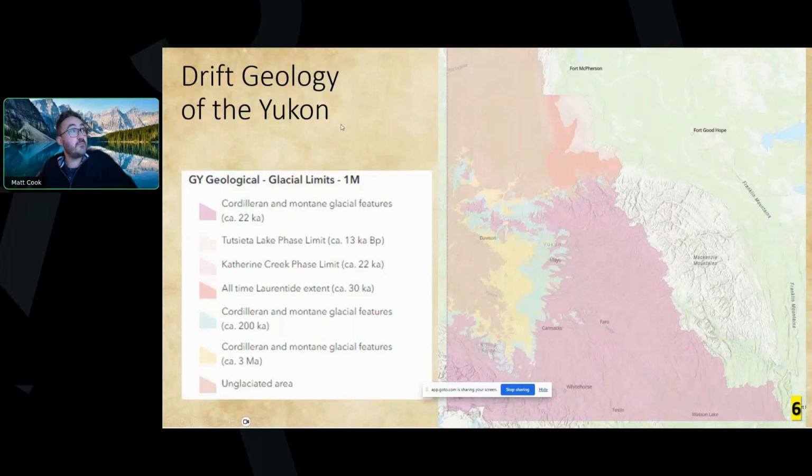Drift geology. So one of the interesting features of the Yukon, and one that probably surprises a lot of people, is it's not very glaciated. This is because the rainfall levels are pretty low comparatively to many other regions.